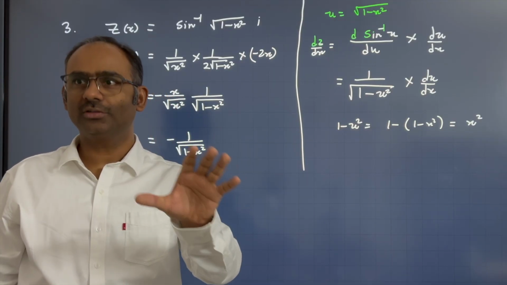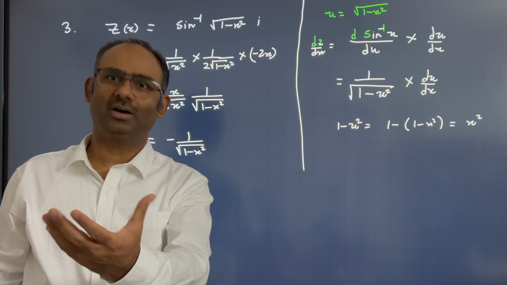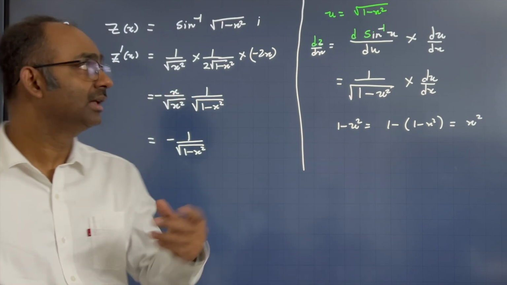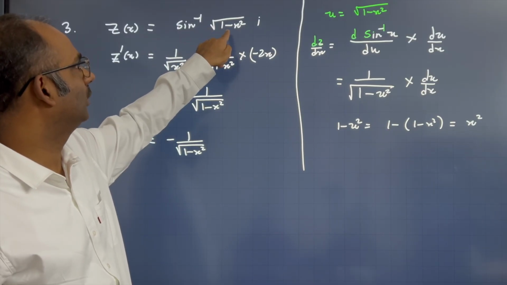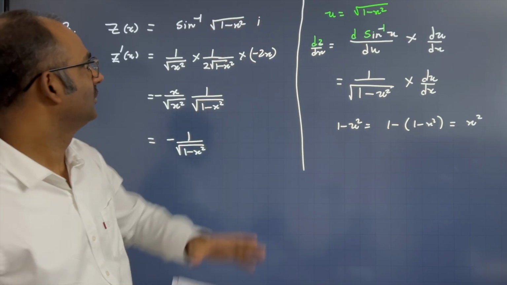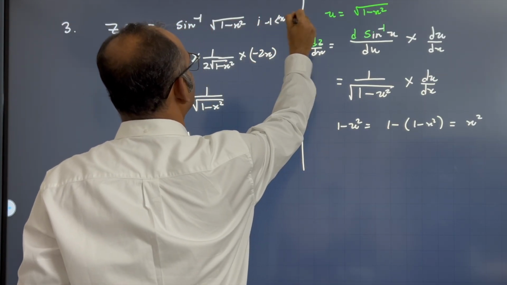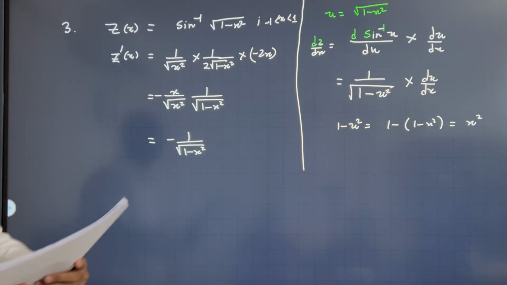So the argument of sine inverse can be taken from minus 1 to 1, or any smaller part of it. But then if this has to lie from minus 1 to 1, first I should worry about it being real. So I should restrict x between minus 1 and 1.